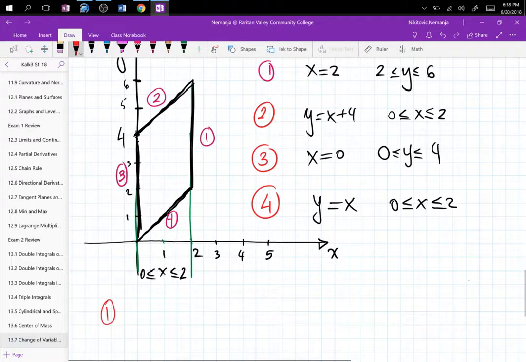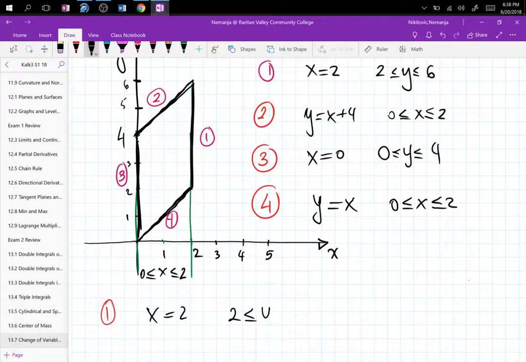So region 1, which is given as x equals 2 and y being between 2 and 6, we are using the transformation where x is equal to 2u and y is equal to 4v plus 2u.